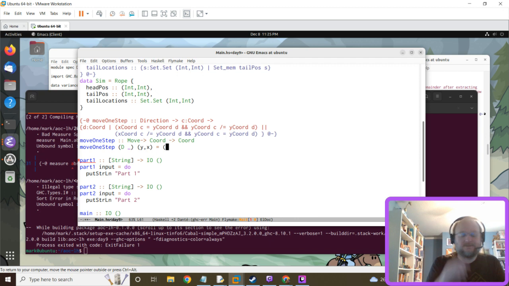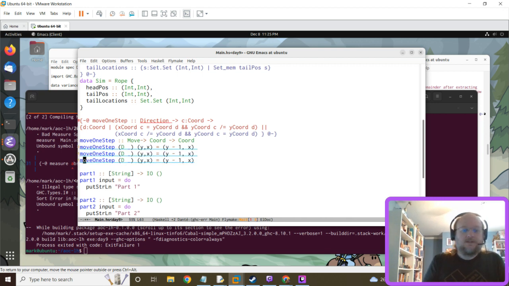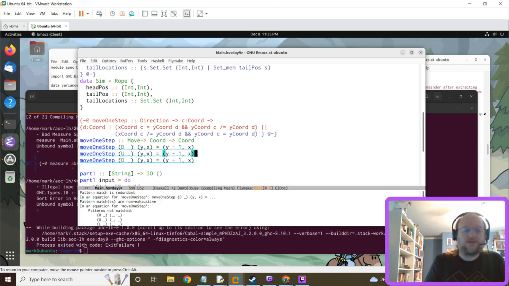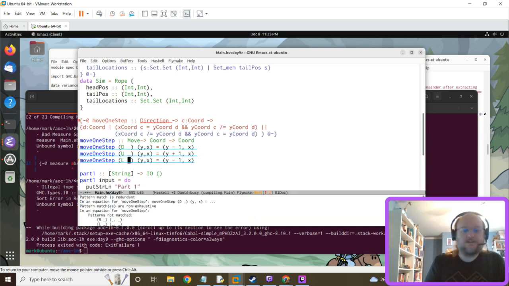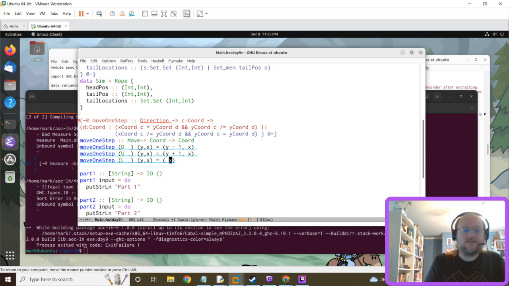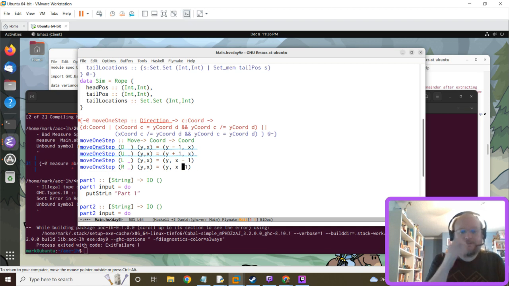Right, so down, we decrease y by 1. Up, we increase y by 1. Left, we decrease x by 1. And right, we increase. All right.